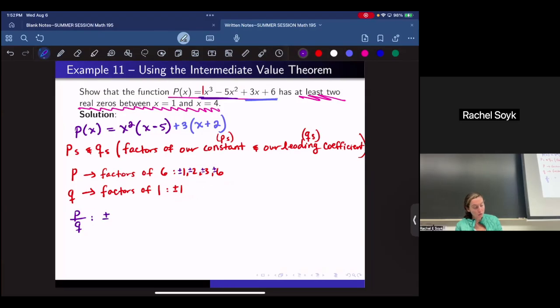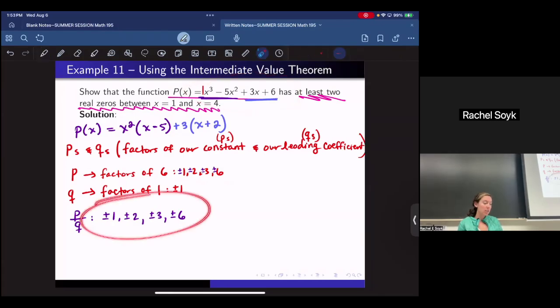So potential factors of this polynomial are plus or minus 1, plus or minus 2, plus or minus 3, plus or minus 6. Because we're dealing with a cubic function, one of these options has to work. And so that really narrows down your possibilities from an infinite number of numbers from negative infinity to infinity.